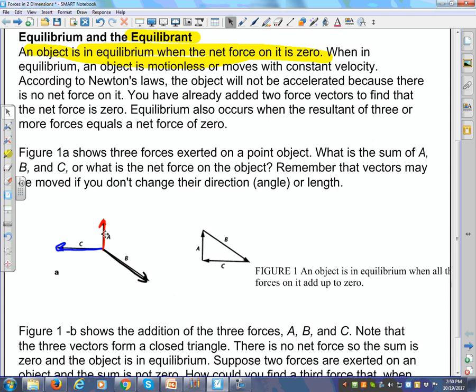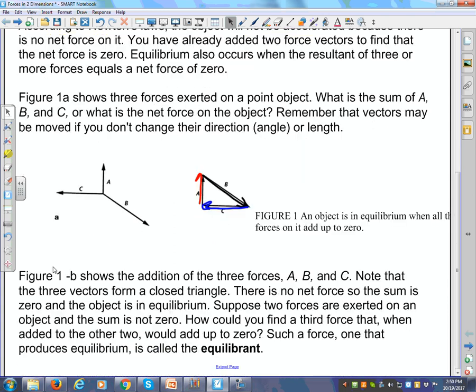So there's A, and there's B, and there's C. Where do I end up? Back where I started. In other words, the net force is 0. Figure 1b shows the addition of 3 forces A, B, and C. Note that the 3 vectors form a closed triangle. There is no net force, so the sum is 0. The object is said to be in equilibrium.